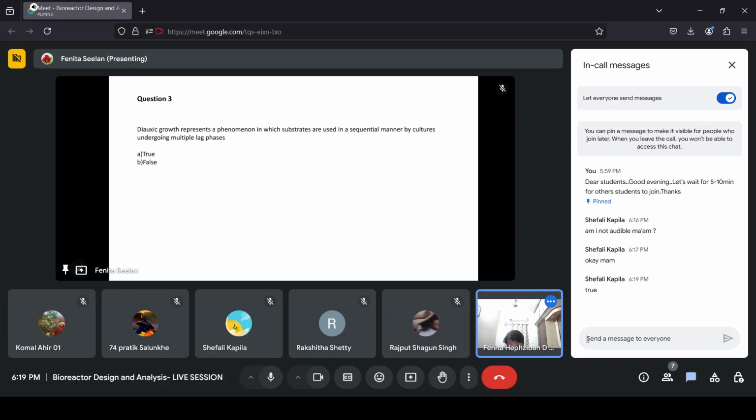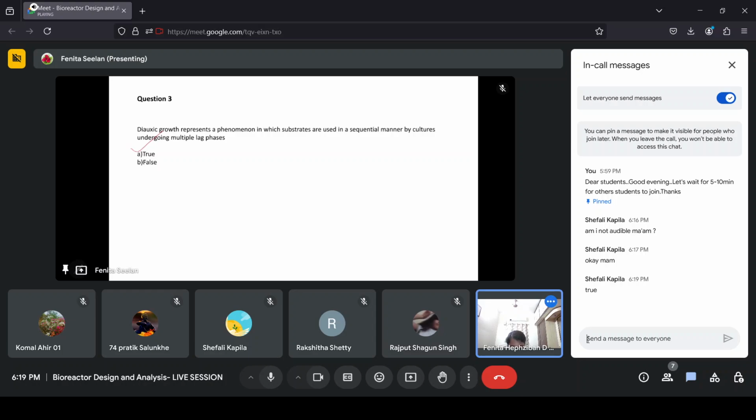Yes, you're right, Shefali. How is it true? If you have two different carbon sources, for example corn steep liquor and bagasse, and the culture takes them in a sequential manner, there would be multiple lag phases that the culture will experience.